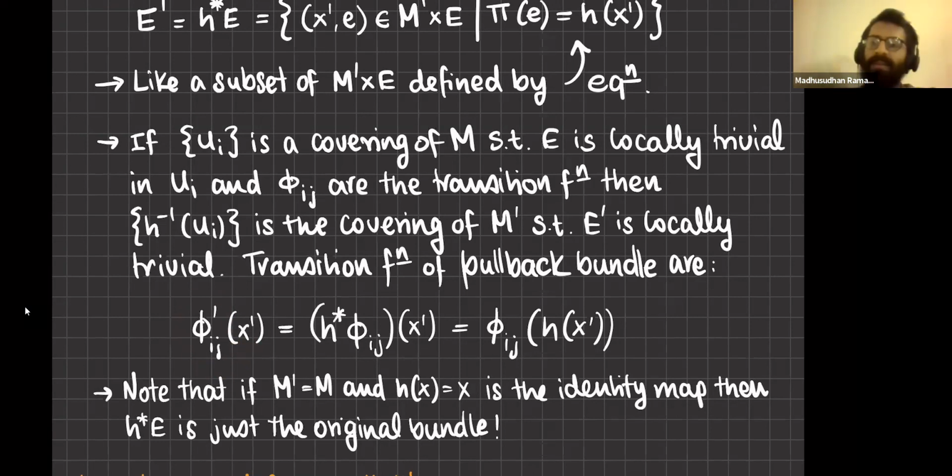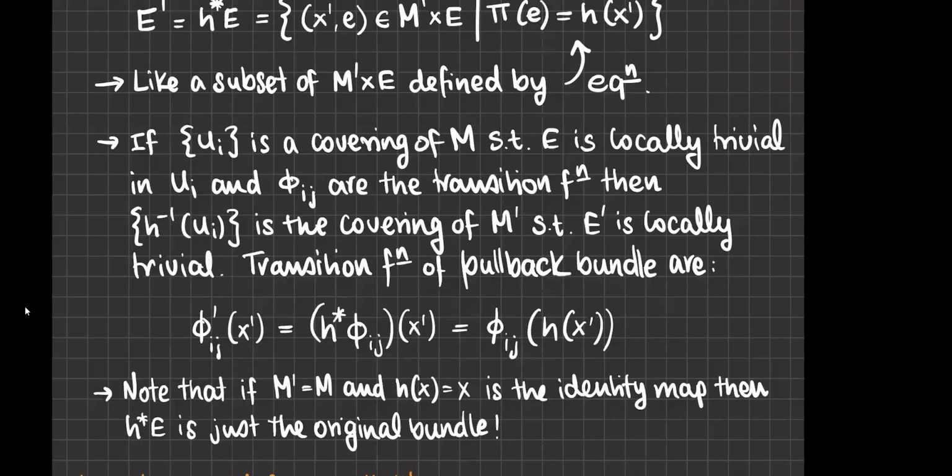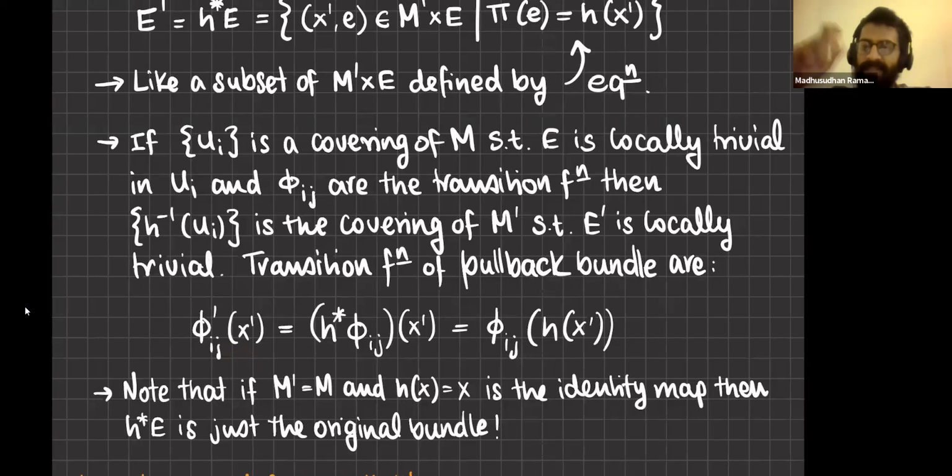So the idea here is, what does a transition function do? If I fix a point on the base manifold, a transition function is basically a map from the fiber into itself. So this is the transition function associated to a particular point. You should think of this as something that sends F prime to F prime.